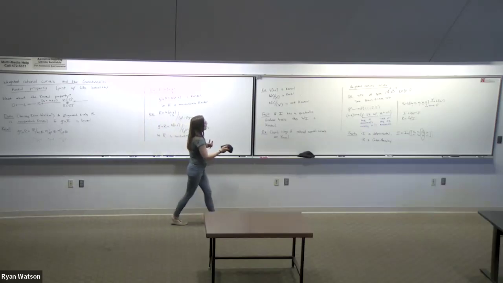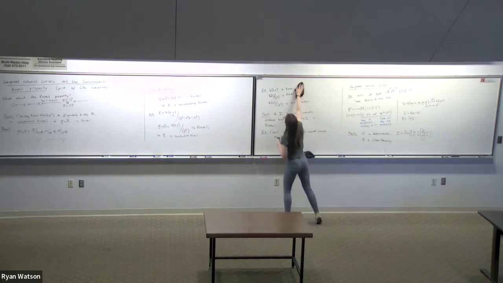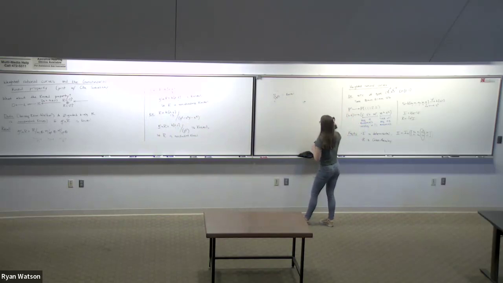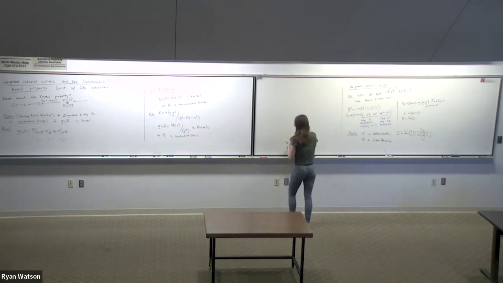So maybe the right question to ask about this main example and about the weighted rational curves is not whether R is Koszul in the usual sense, it's absolutely not, but instead whether it's non-standard Koszul.